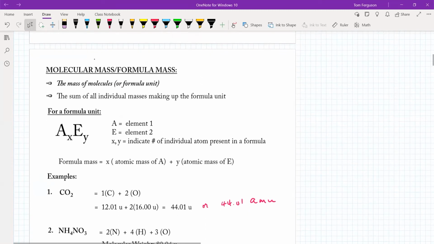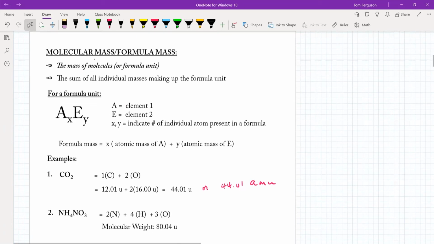There's something called a formula unit. The formula unit is the ratio of the elements and their number. So for carbon dioxide, for example, the formula unit would have 1 carbon.